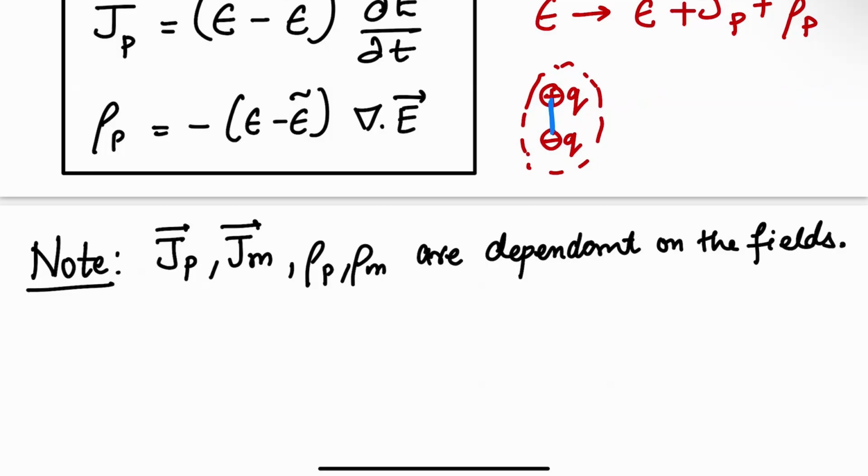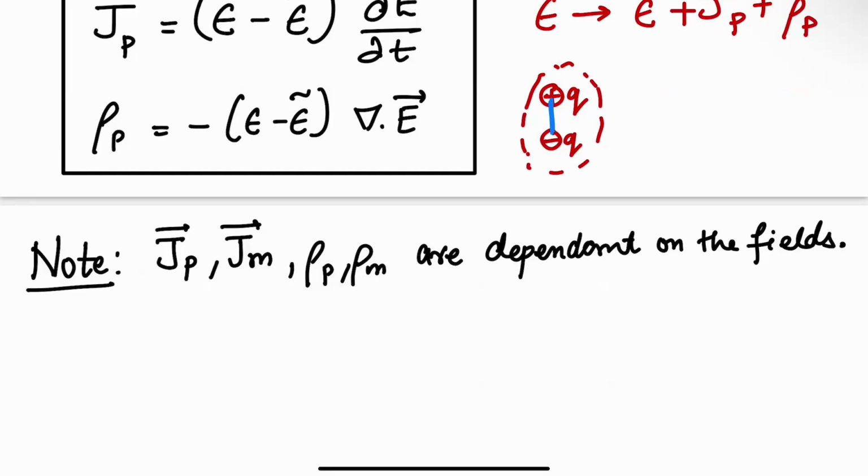Right, so they're not exactly sources in the sense of an impressed source, and we'll discuss what an impressed current source is at the end of the video today. But they are dependent on the field, so they're kind of a result of the fields. They're not provided as part of the source of the problem. They can be in certain cases, but it's important to keep in mind that they're coming from the fields itself, so we'll discuss the nuance behind this at the end of today's video. But just keep that in mind.